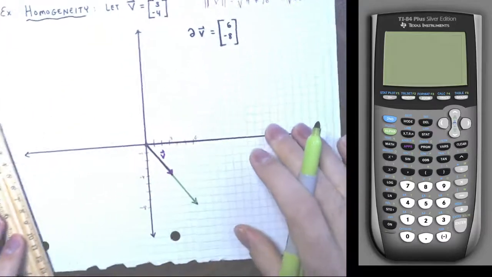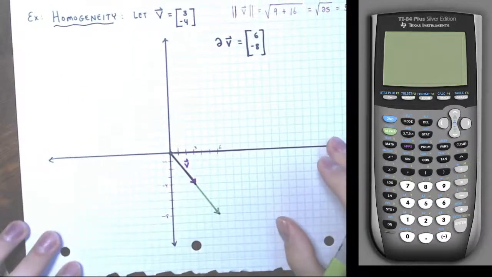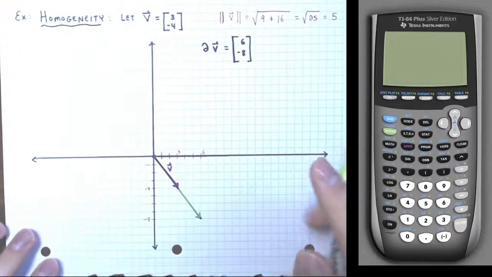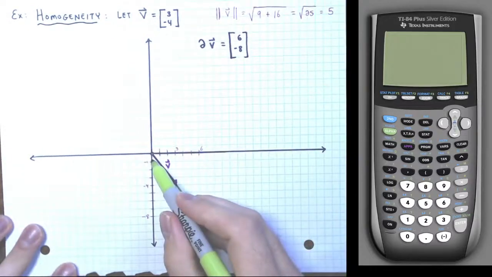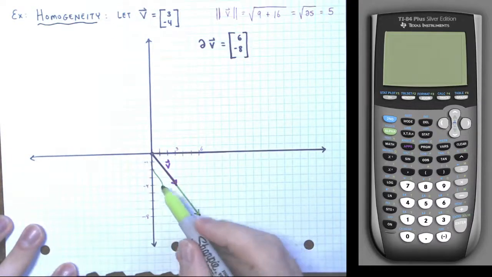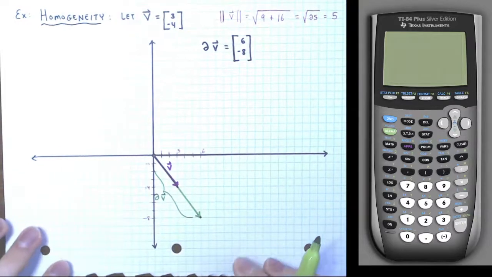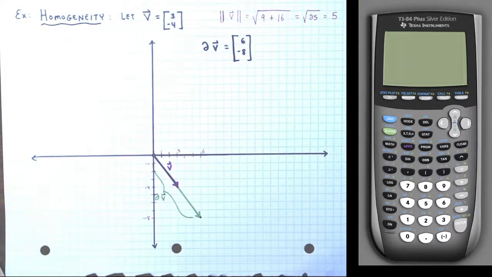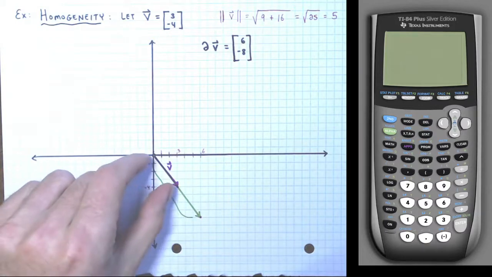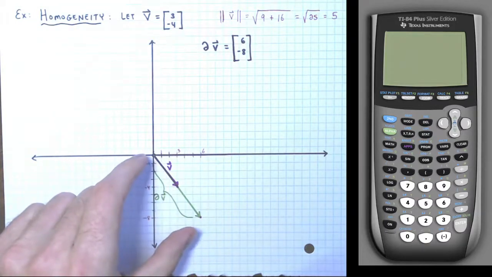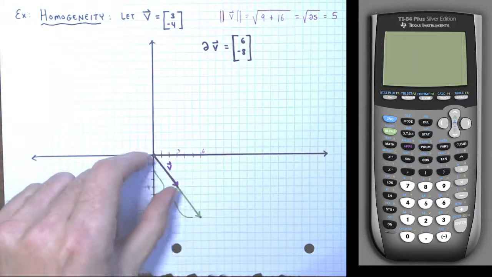notice, multiplying by a positive scalar, like I multiply by positive 2, gives me a vector, this whole thing here is 2v, that points in the same direction as v, right, it's on the same line. So can you see from the picture that the length of twice v is just 2 times v?